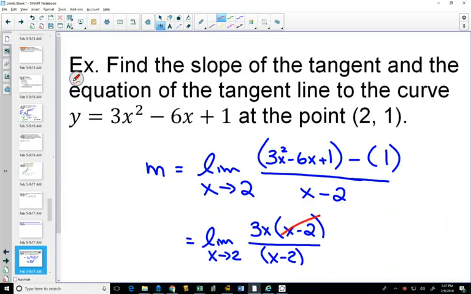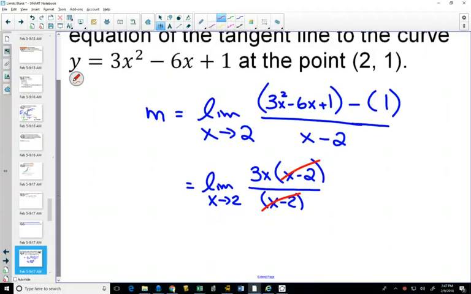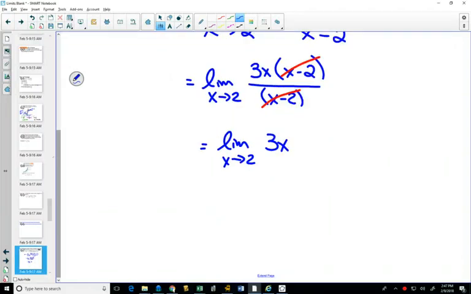Those x minus 2's will simplify. And at that point, once it simplifies, now we can evaluate the limit by just plugging in 2. And so we get a slope of 6. That means that our slope of our tangent at that point will be 6, or 6 over 1.